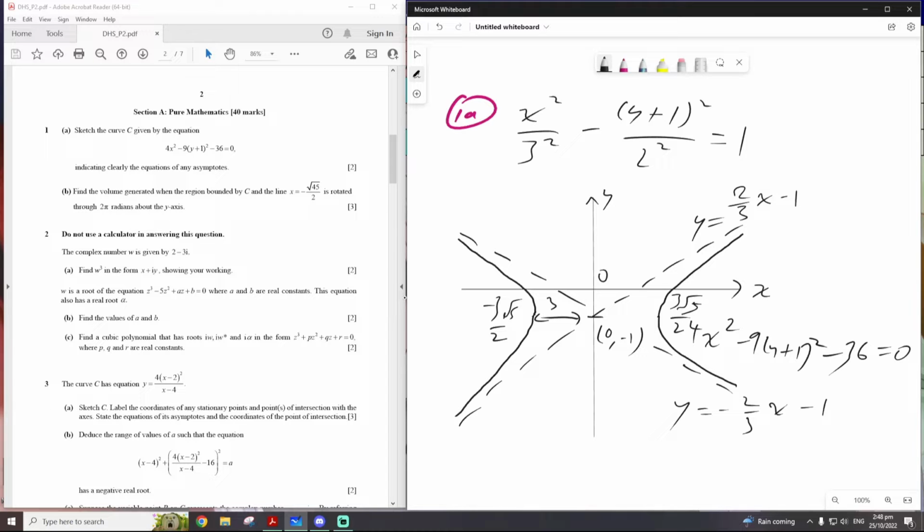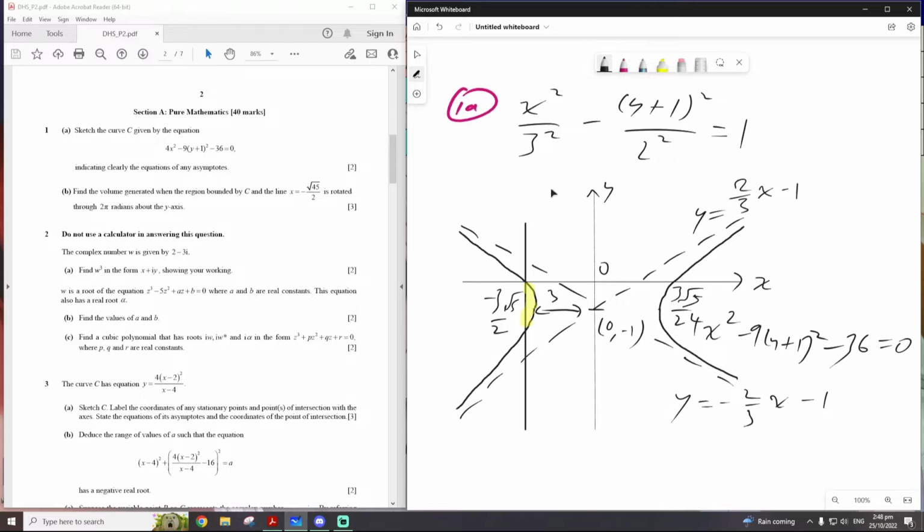We are considering this line here. Okay, so what we're considering is this region rotated by 2 pi radians about the y-axis. Okay, and the radius of this is of course √45/2.